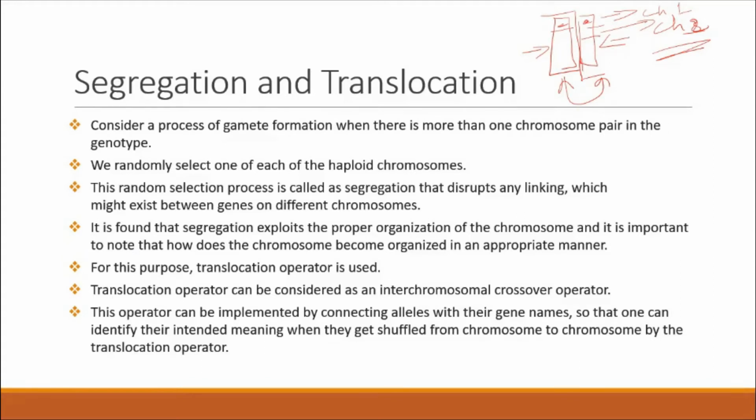during the segregation, and how this is organized is also important in the case of segregation. And in order to make it organized in the appropriate manner, we use the translocation operator. In the translocation operator, we use an interchromosomal crossover operator.